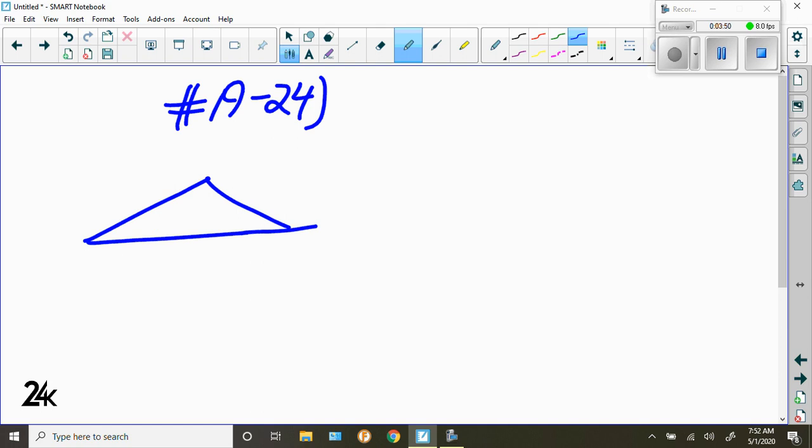Dang it. There. Ha! And the directions say, find the area of each figure. Round your answer to the nearest tenth.